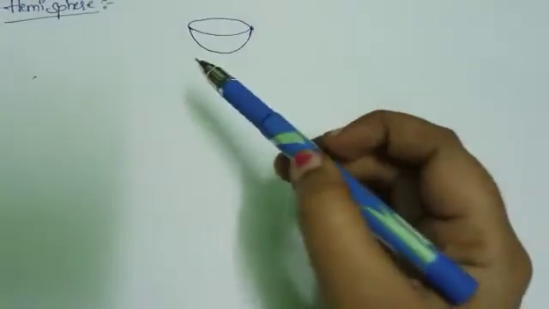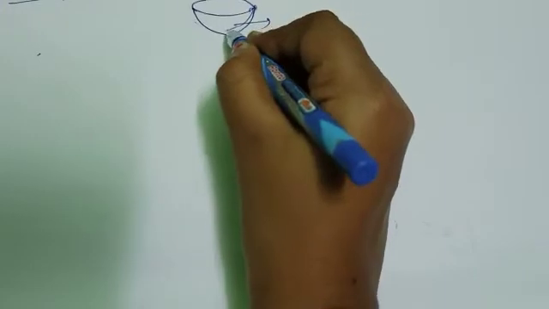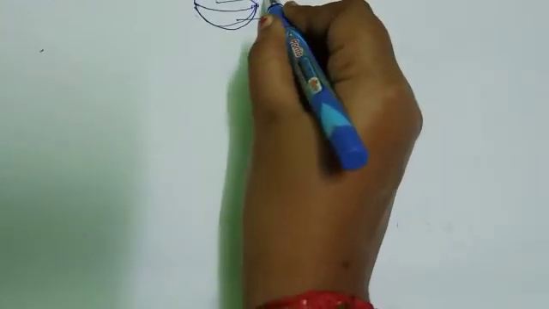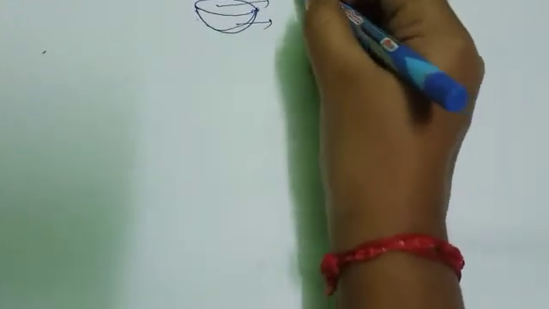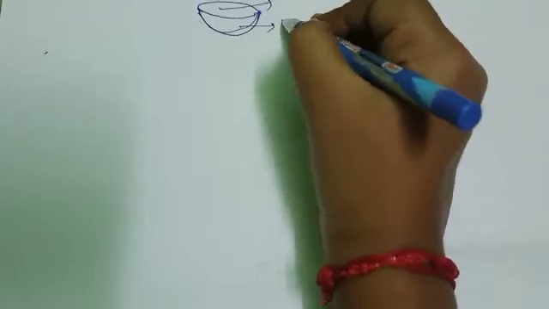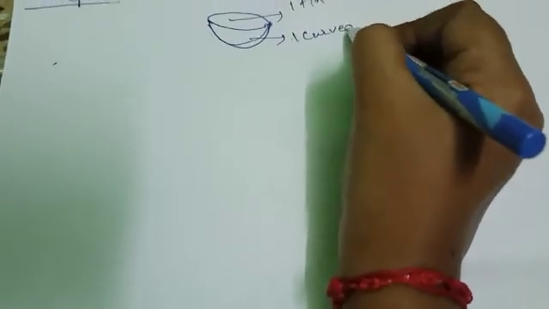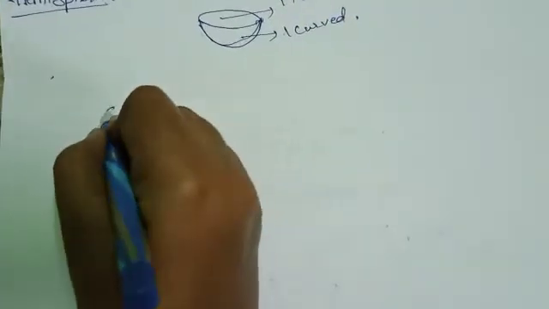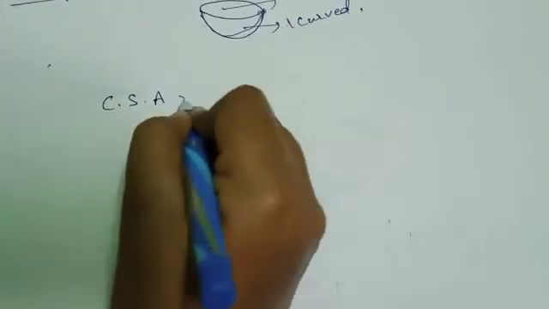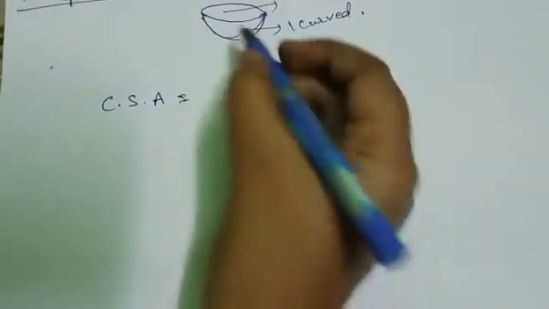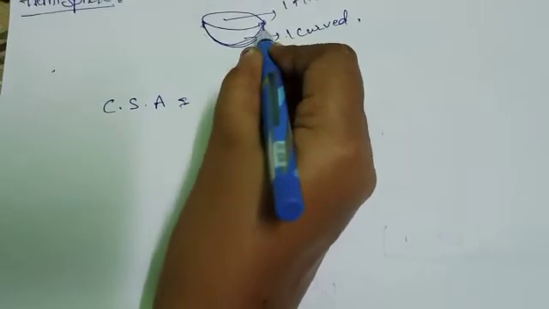Next geometrical figure is hemisphere. Hemisphere means half of the sphere. See, this is the one curved surface and this is the one flat surface. One flat surface and one curved surface. What is the curved surface area of hemisphere? This area.